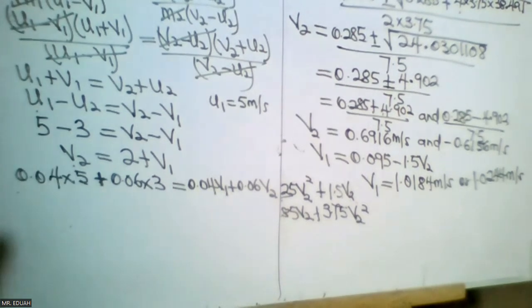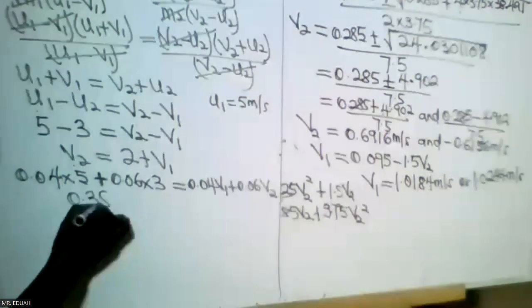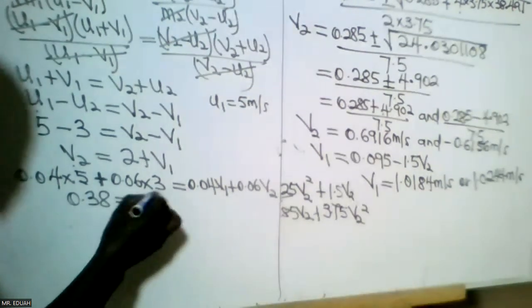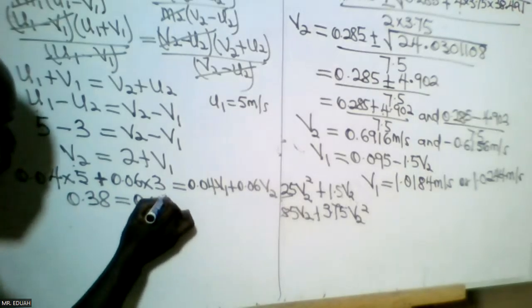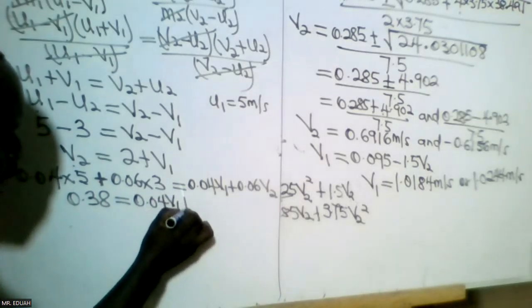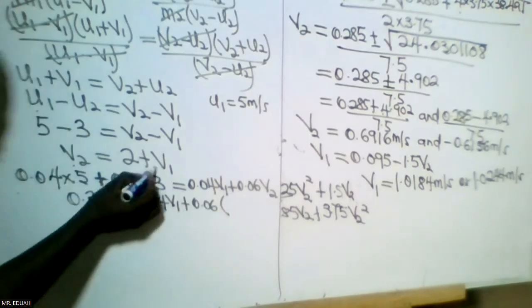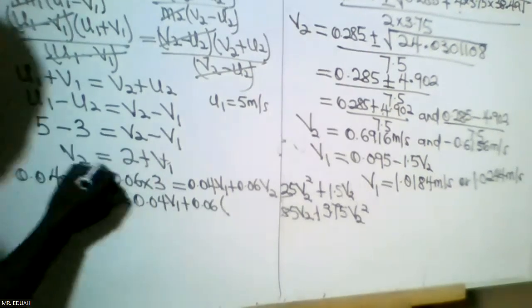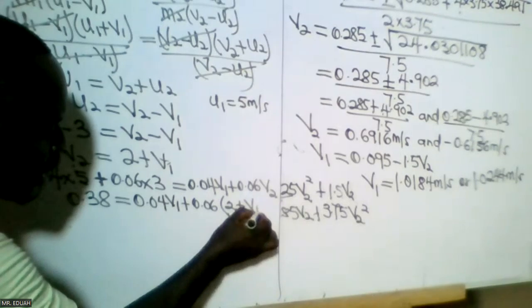I think we got it. So if you have it, tell me. 0.38. Good. It is equal to 0.04 times V1 plus 0.06 times V2. V2 is 2 plus V1.